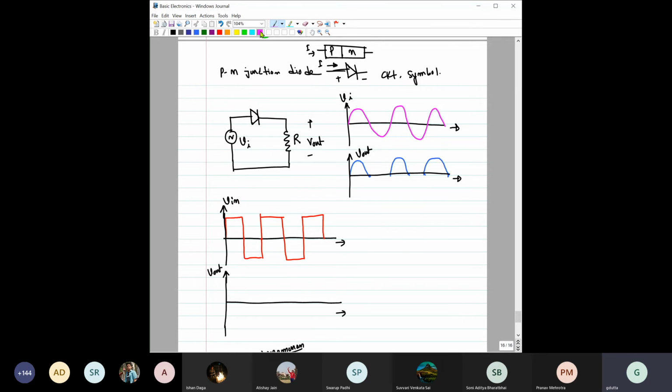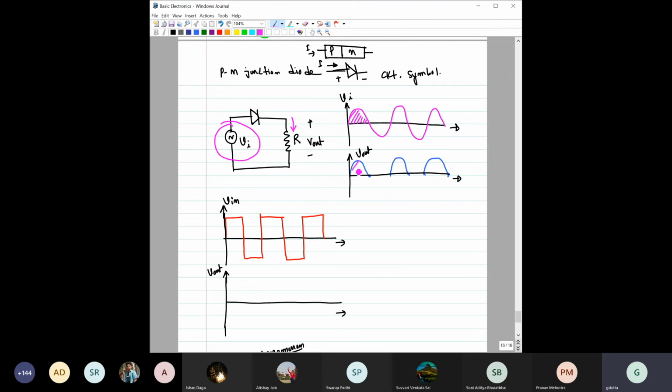Okay, then let us take a very simple circuit. Say that we have applied one sinusoidal voltage here, which is connected to this diode and connected with this resistance, right? So you can see that Vi, the input voltage, is a sinusoidal voltage. Now this is V out, and we are trying to plot this V out. We know that only during the positive half can this diode conduct. One current will flow through this, and that will result in V out.